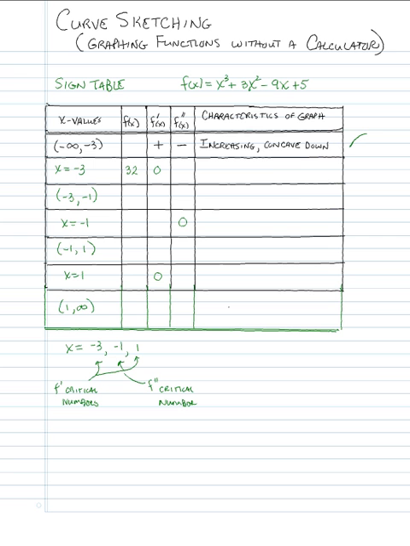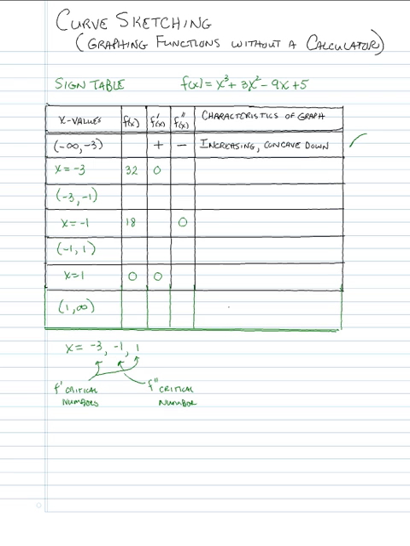I put -3 into the function f, and I got a y value of 32. And then I did the same thing for the x value of -1, and when I put -1 into the function f, I calculated and got a y value of 18. And then likewise for the value here when x is equal to -1, the y value that goes with it happens to be 0. So that's kind of the way this starts.